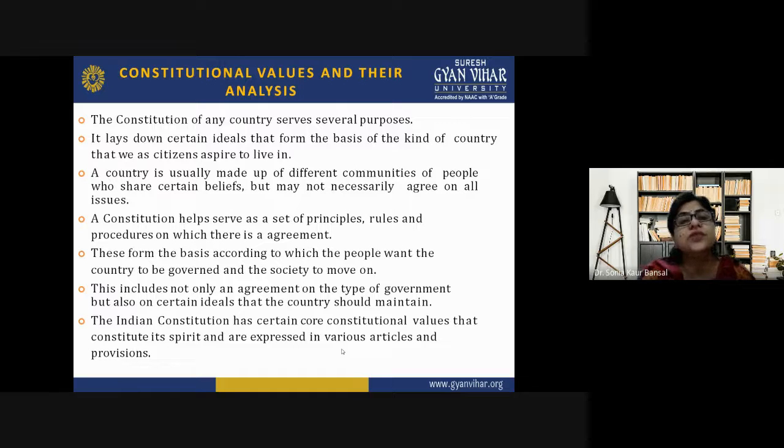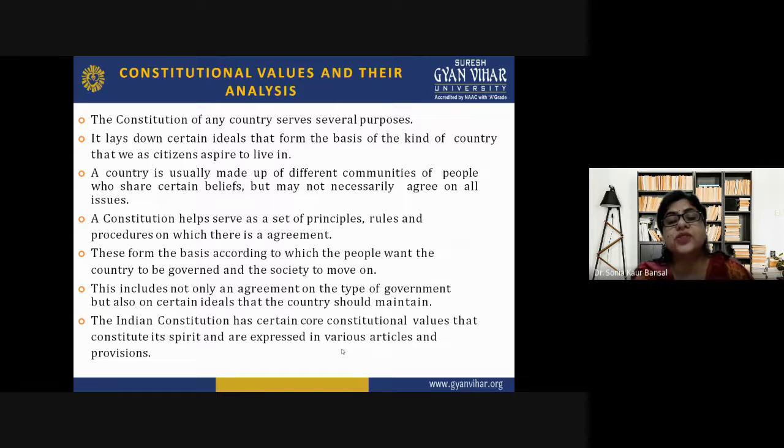Now, constitutional values and their analysis. The constitution of any country serves several purposes. It lays down certain ideals that form the basis of the kind of country that we as citizens aspire to live in. A country is usually made up of different communities of people who share certain beliefs but may not necessarily agree on all issues.